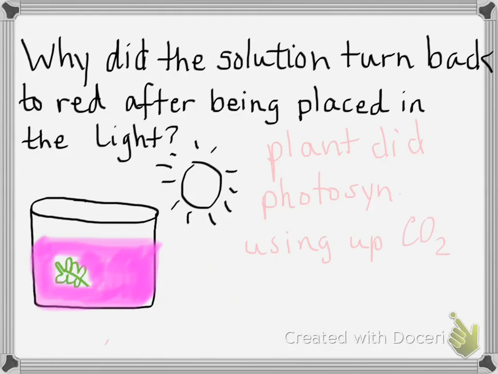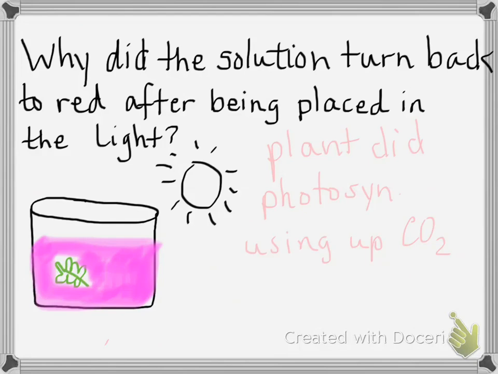So that's why Tim was pointing out the reversible arrow there. So you pumped a bunch of CO2 into the water with your breath, and then the plant used it up doing photosynthesis. And so he's right, it reversed the arrow back, and the plant took up the CO2.